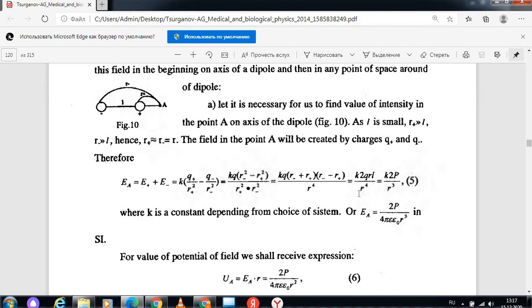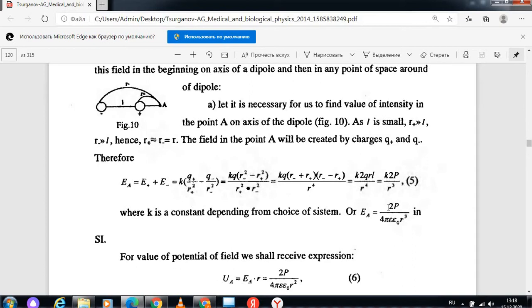We could cancel one r and r power from this ratio, and we receive k 2p, the dipole moment, divided by r to the power of 3.